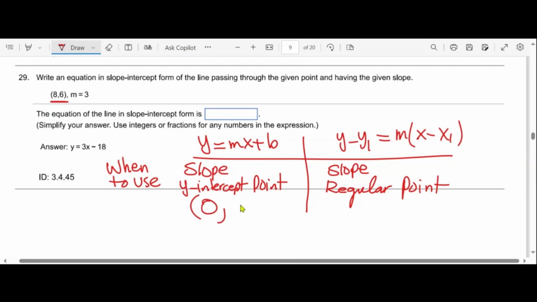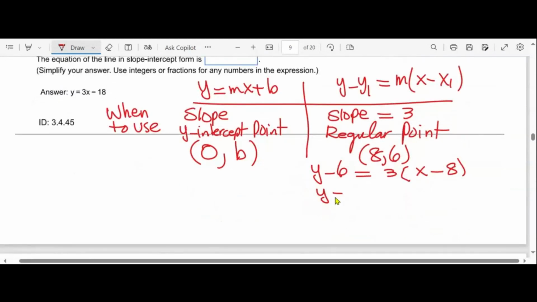A y-intercept point has to be like 0 and b. This is a regular point, which is 8 and 6. How much is the slope here? 3. So let's apply y minus y1. How much is y1? 6. How much is slope? 3. How much is x1? 8. So it's going to be y minus 6 equals 3x minus 24. Okay? So it's going to be y minus 3x equals what?